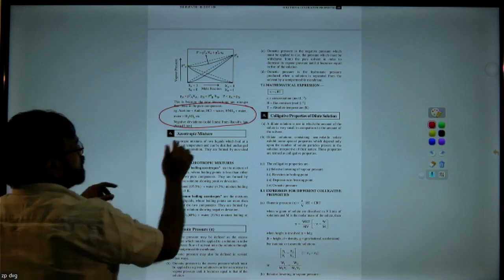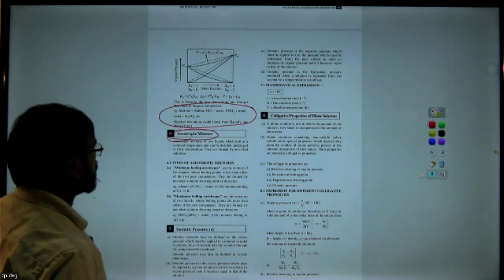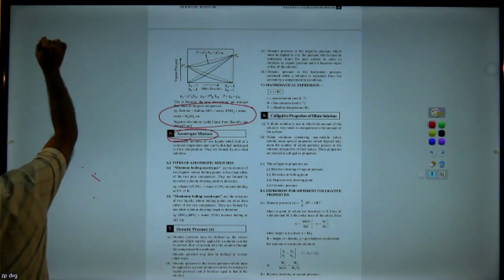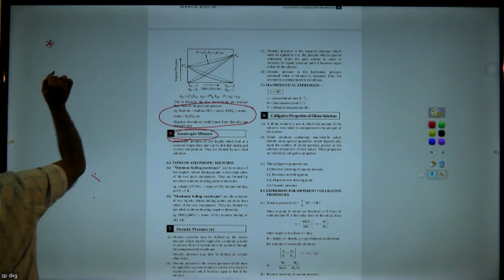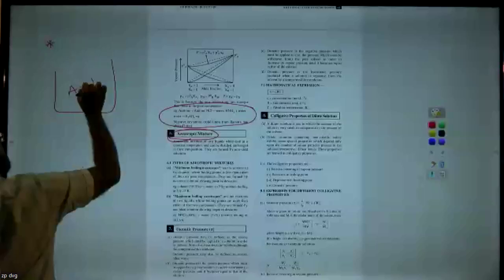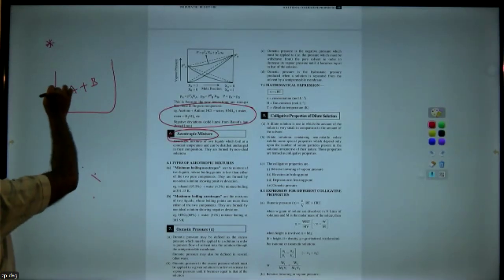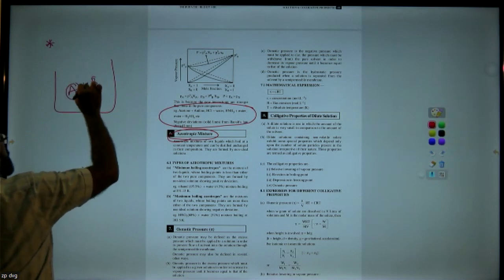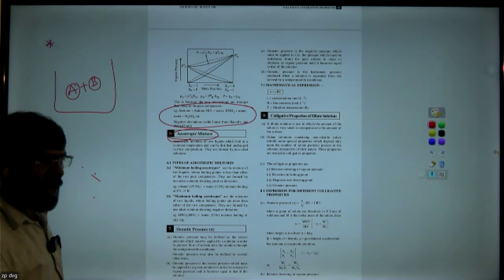Next one. So this is the important topic, azeotropic mixture. What is the azeotropic mixture? Let us see. For example, one solution we prepared by combining A and B. This solution can be separated by using methods like distillation or fractional distillation.